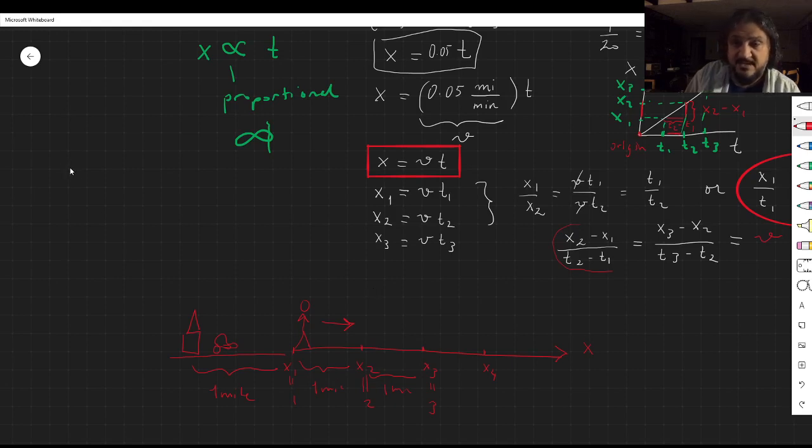So let's make our table again. T values. I'm still using the same time, I'm just starting my stopwatch right here at the beginning of the trail. So T values will not change: 20, 40, 60. But my X values, 1, 2, and 3, mean different things.